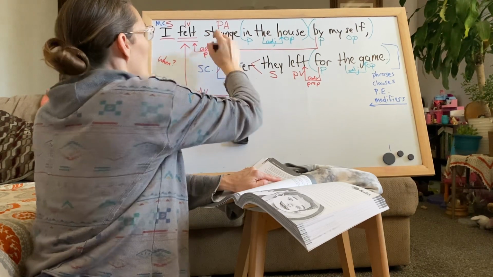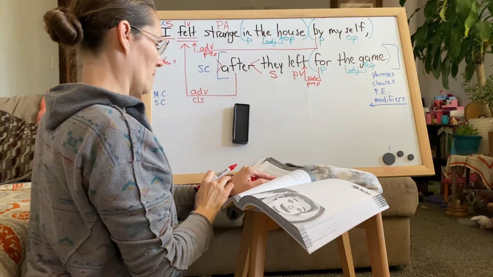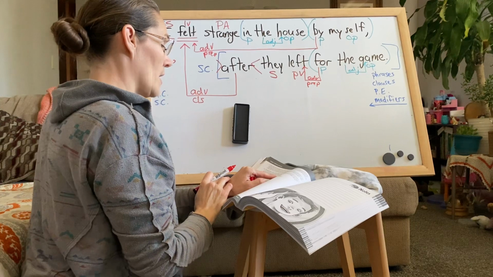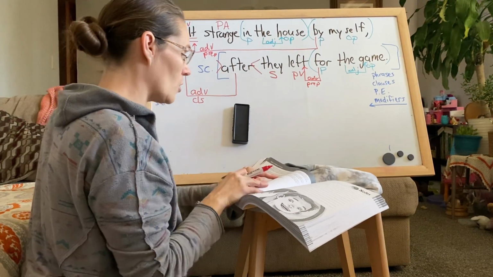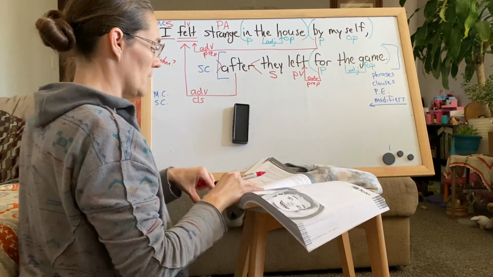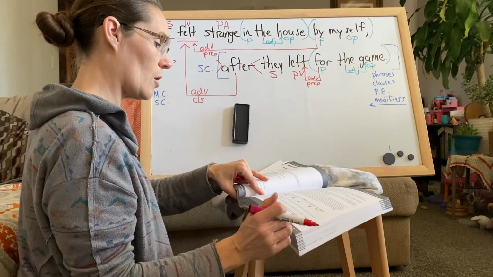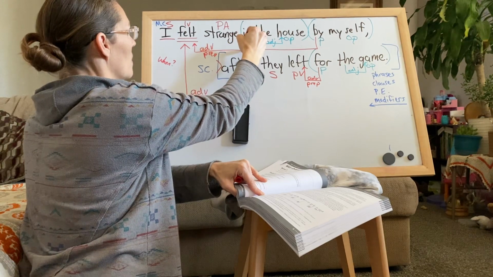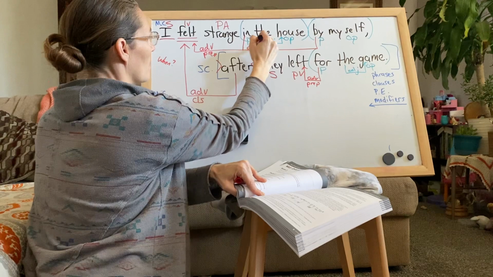Now we have in the house, and that's answering where. Where did you feel strange? I felt strange in the house. It is also an adverbial element because it modifies a verb, and it is a prepositional phrase. So you will also have this one going over there, adverbial prep, okay?